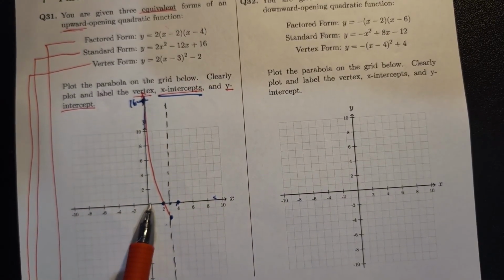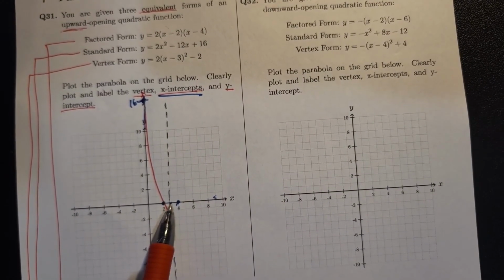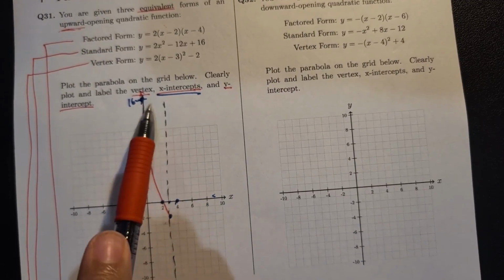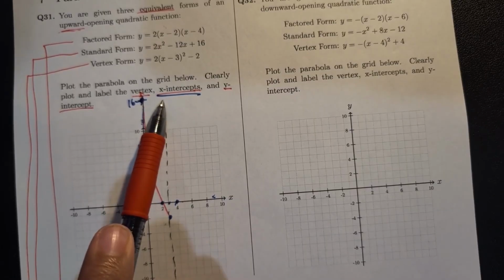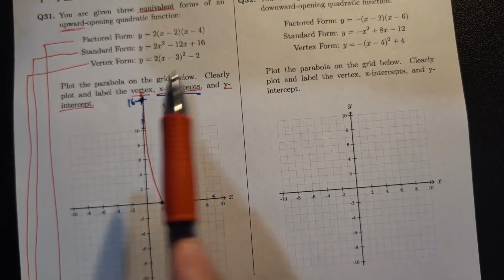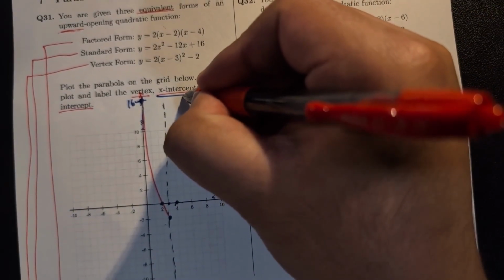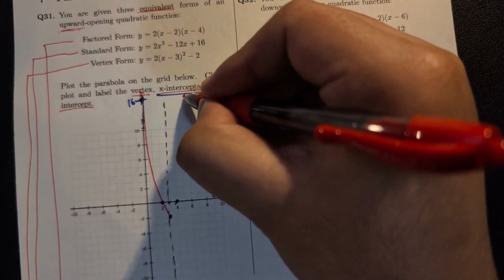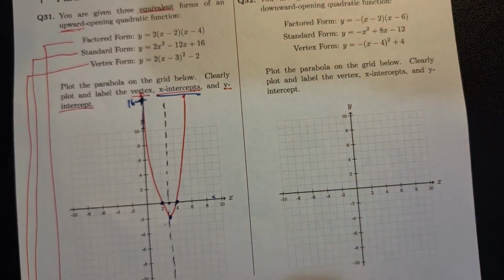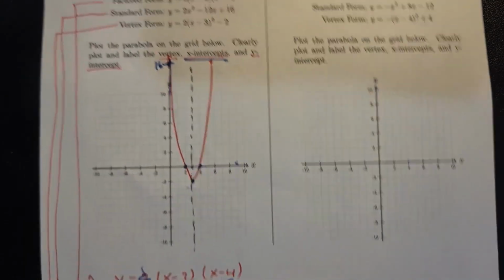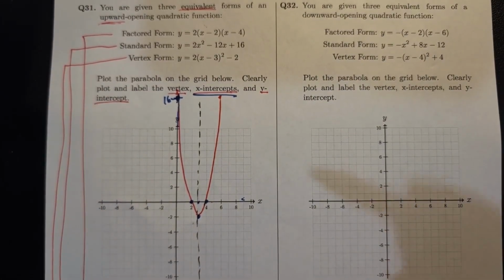It is 1, 2, 3 away from my axis of symmetry, so when I reflect it, it's going to be 1, 2, 3. And there we go. Using the 3 forms, I was able to graph this correctly.